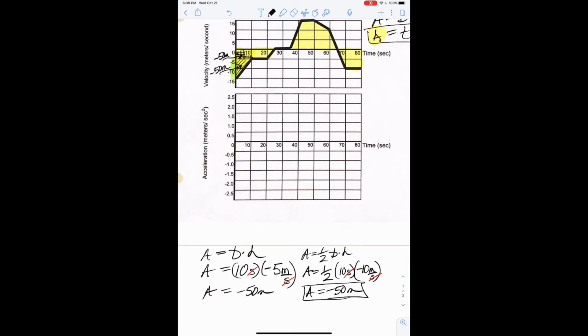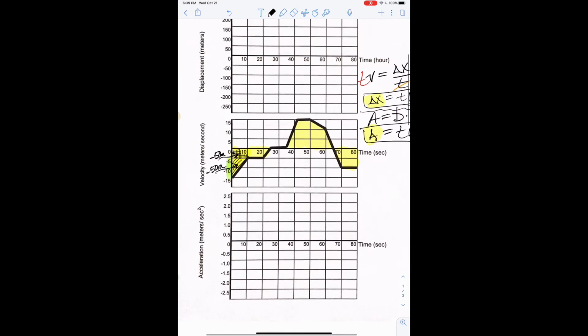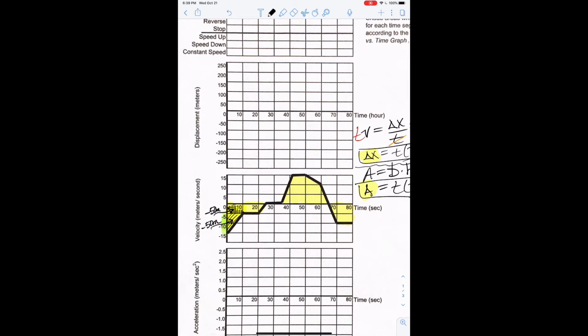What we're seeing then is in the first 10 seconds, we are going to go negative 50 plus negative 50, or a total of negative 100 for those two areas. Unless they tell us otherwise, we can always assume that we start at position 0. And so that's why I drew that dot right there at position 0. Maybe I should get a different color, maybe blue, so it doesn't blend in so much with the black.